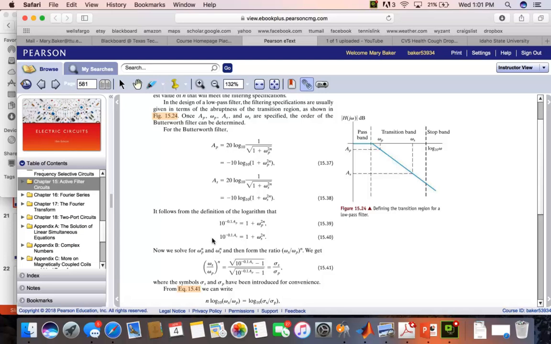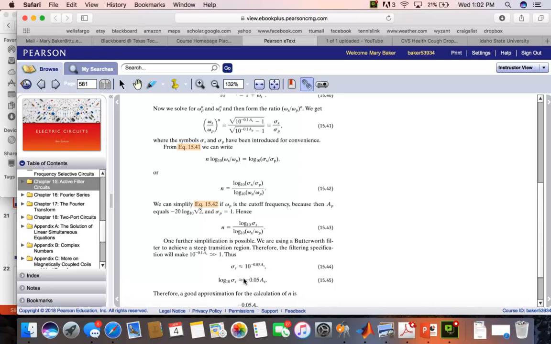And then do a little bit of algebraic manipulation on the equation, and you can get a ratio, omega S over omega P to the power n, is related to the quantities in these two radicals, which are then given as sigma S over sigma P. And then we can basically take the logarithm of each side, allowing us then to express this in terms of a logarithmic ratio. And now n is going to be our order.